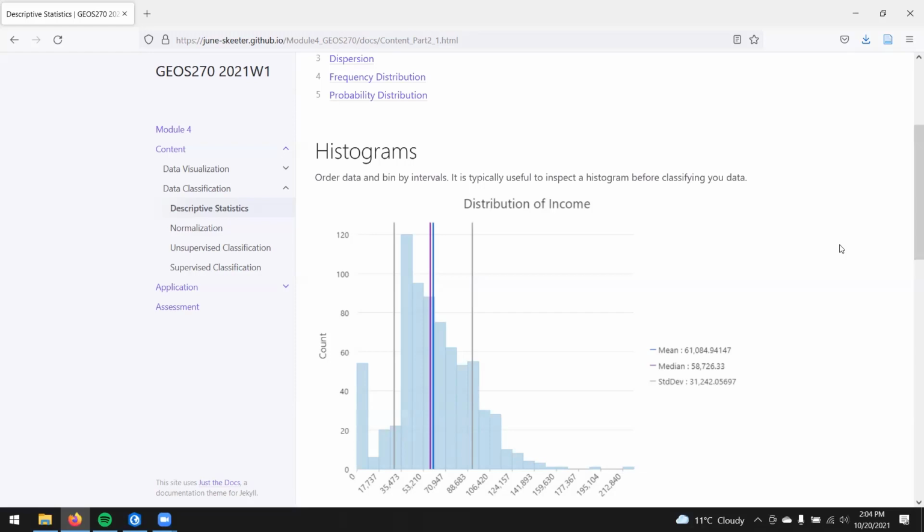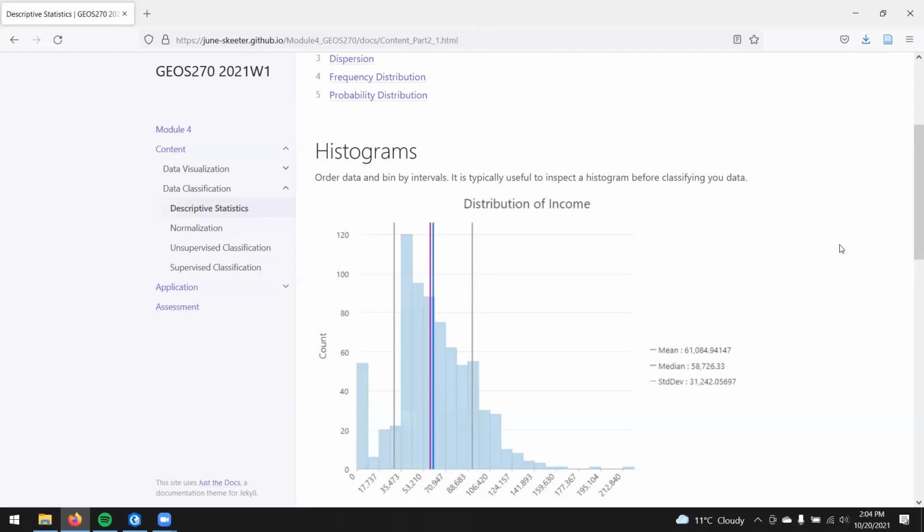Generally speaking, histograms are a useful tool for looking at the spread of the data set when you're working with numeric data. What we do with a histogram is we order the data, and then you group it into bins. So you say, I want to look at 10, 15, 20, 30 bins, right? I think ARC by default does like 26 or something.